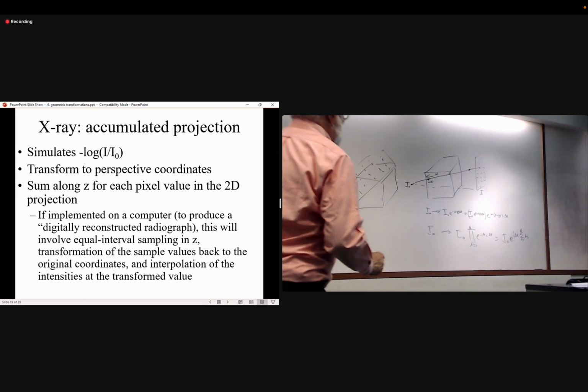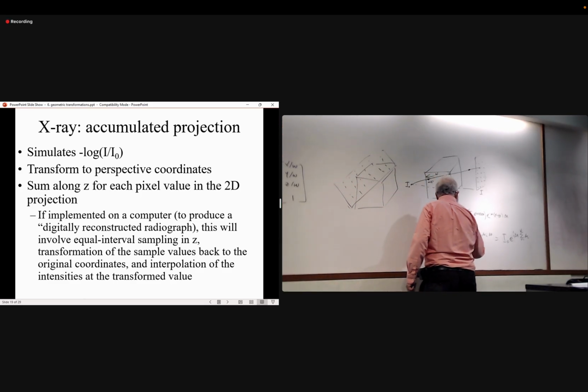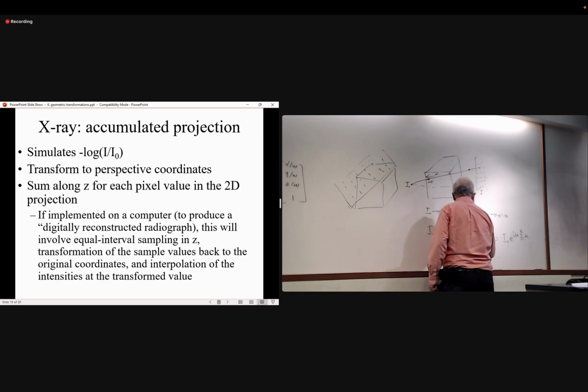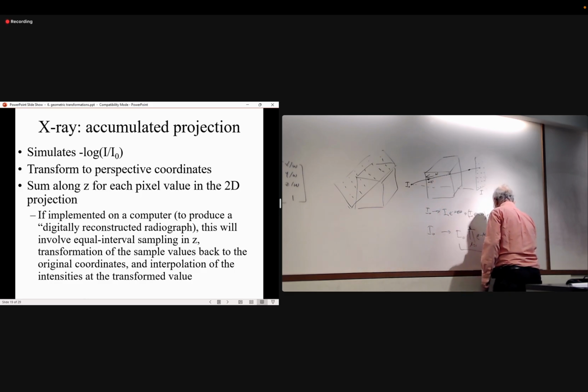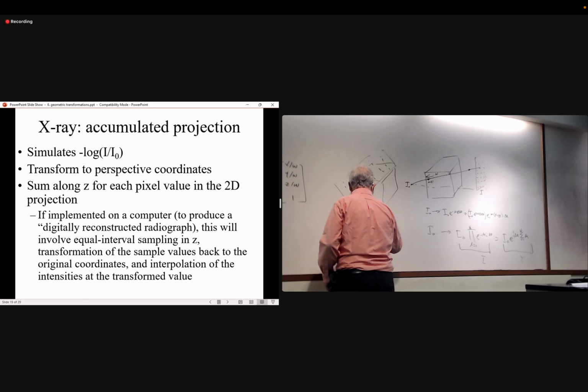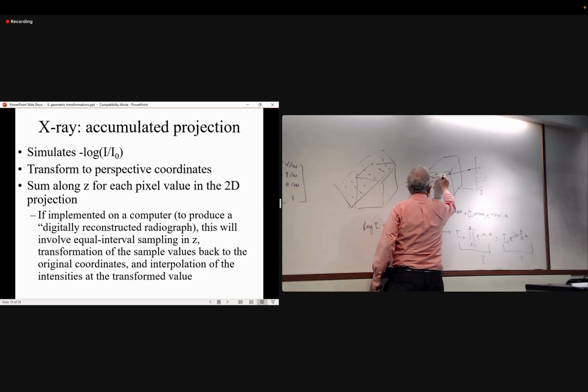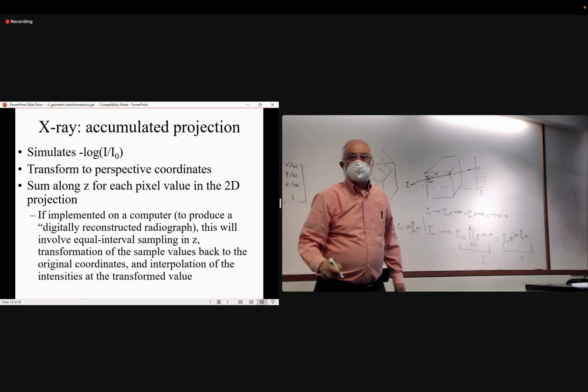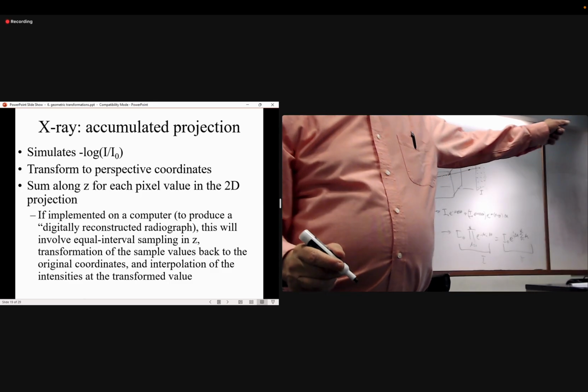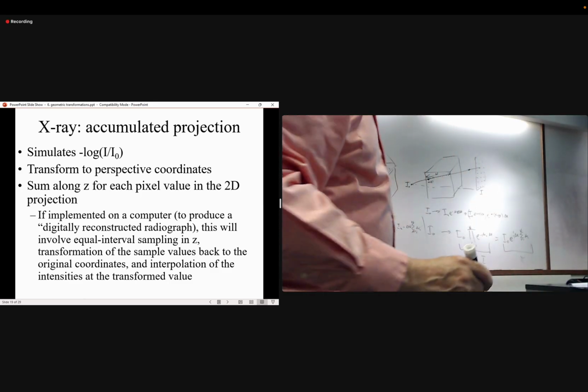And so if I take the log of both sides, so this guy is I, that is to say this is I. And so if I take log of I, I'm going to get log of I0 minus delta x times the sum, i equals 1 to n, of mu sub i, where the mu sub i's are the values of attenuation in your image space for all these positions that you go along.